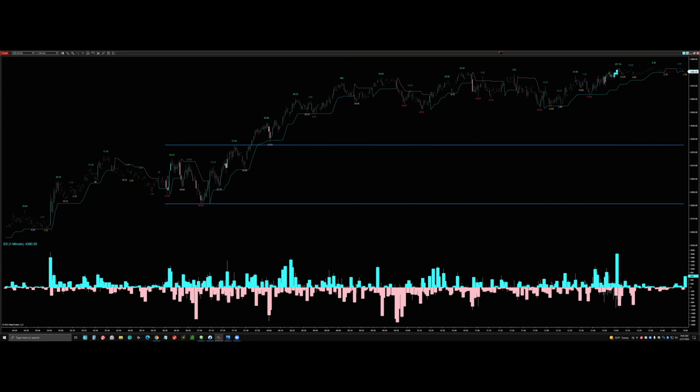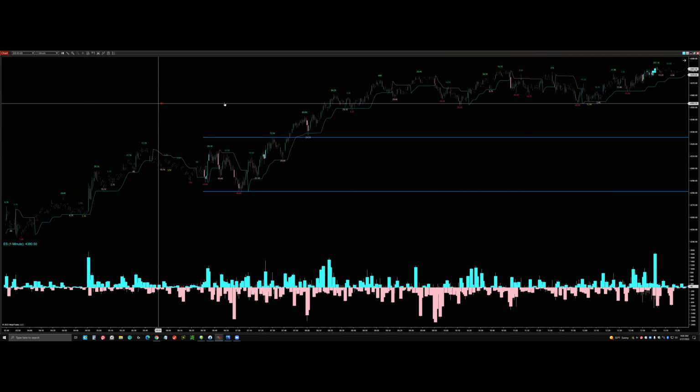If you are a student of Wyckoff, this is an implementation of part of Wyckoff's system. It's a very small piece of it, and it's a very useful piece of it. What we are looking for here is question number 1: is there any sort of definable trend at the moment? And for example, this is Friday's session.